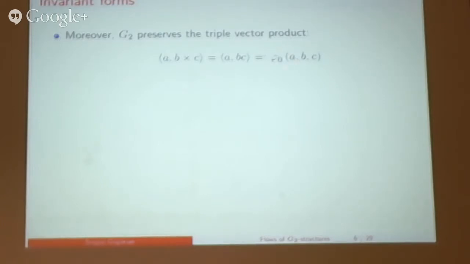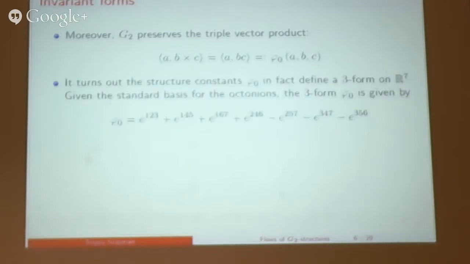And we define this operation by phi 0. So phi 0 takes 3 vectors and gives us a number. And it turns out that phi 0 is actually skew symmetric in all 3 of its indices, and so in mathematical terms, it defines a 3-form on R7.